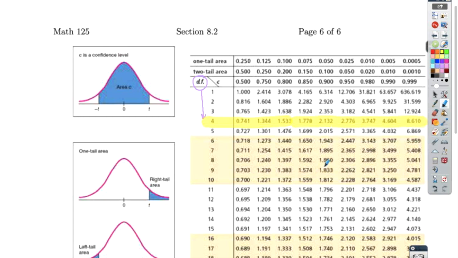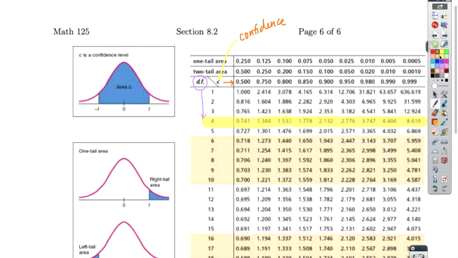Now across this top, the C is the confidence level. C stands for confidence.